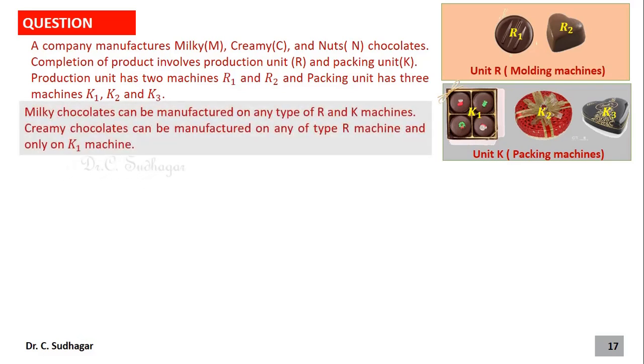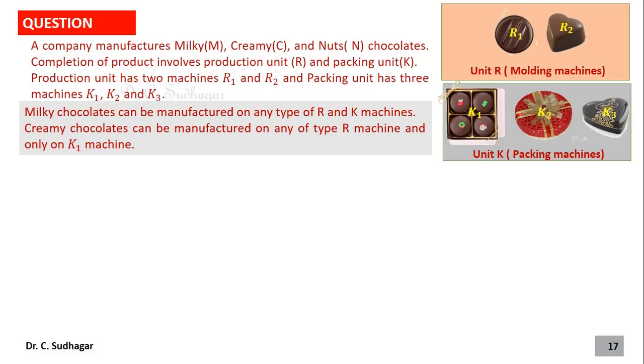Milky chocolates can be manufactured on any type of R and K machines. Creamy chocolates can be manufactured on any type of R machine and only on K1 machine. Now they are giving some conditions. Milky chocolate can be manufactured on any type of R and K machines. Every product has to go through both the departments.